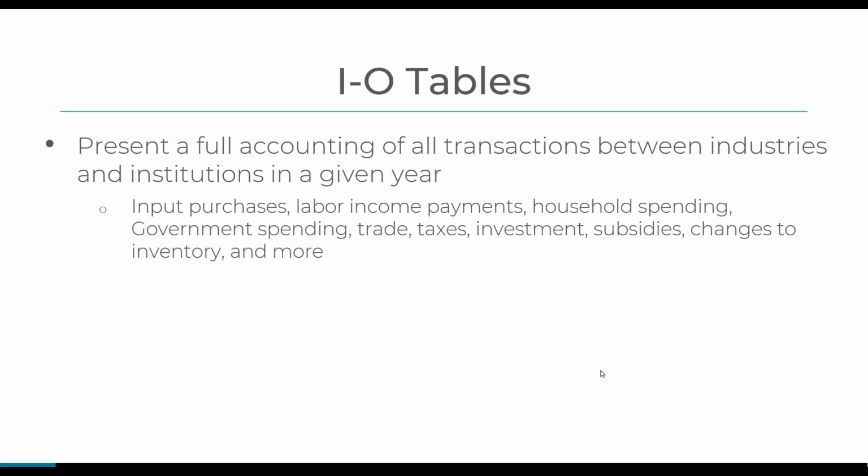And by institutions, we basically mean all other actors in the economy other than industries, so government, household, trade, things like that. So it includes pretty much all the monetary transactions like input purchases, payments of labor income, household spending, government spending, investment, trade, taxes, subsidies, and so much more.